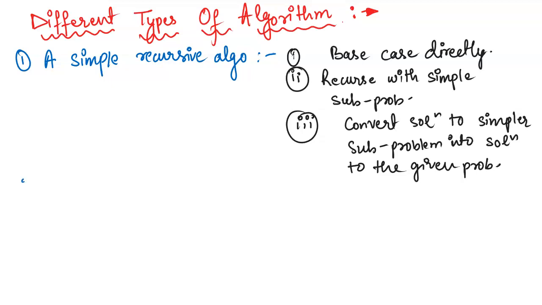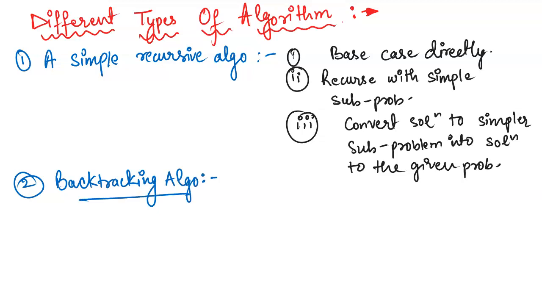Now let us see the second type. The second type is basically a backtracking algorithm. This backtracking algorithm is based on the depth first recursive search.